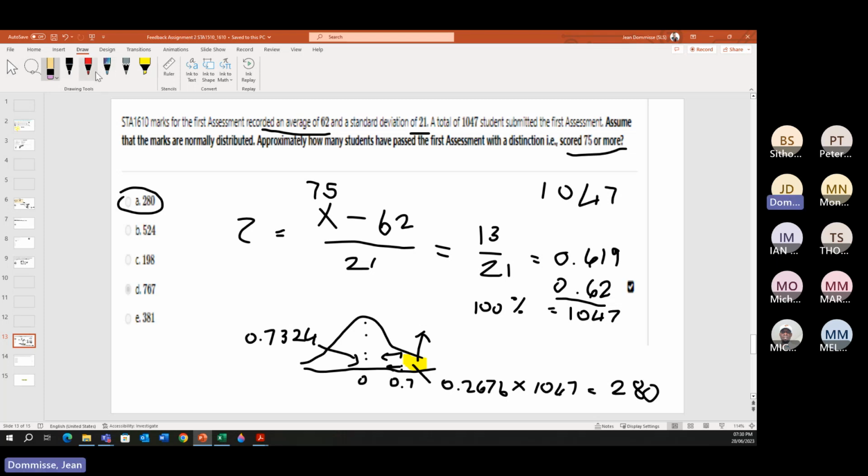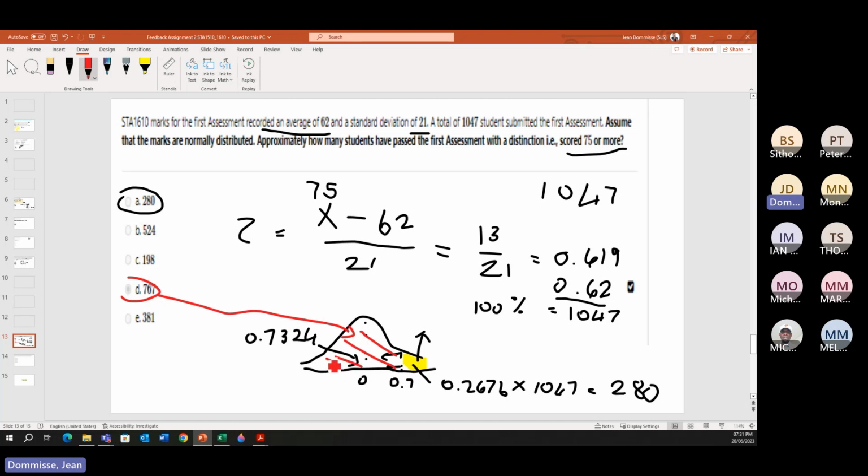Okay, so Ian, the reason why you got some points but not the full points is because you worked out that portion. So you were doing the right work. Your answer was looking at this part with 0.7324.